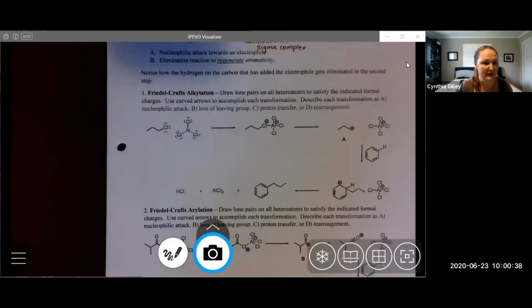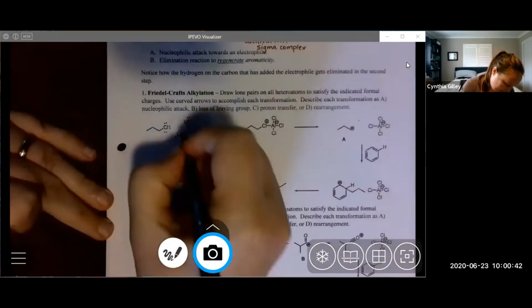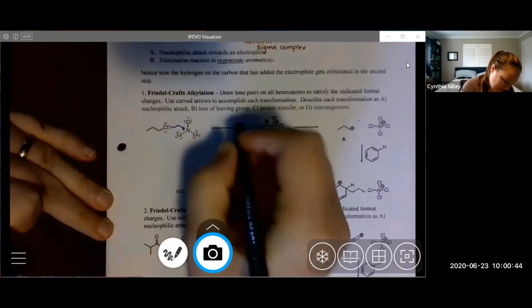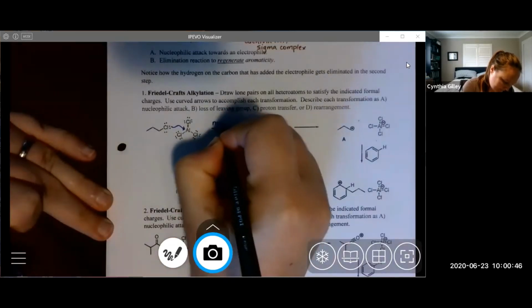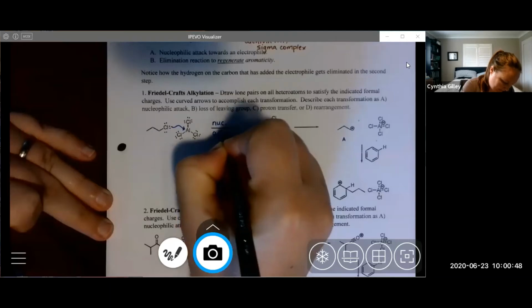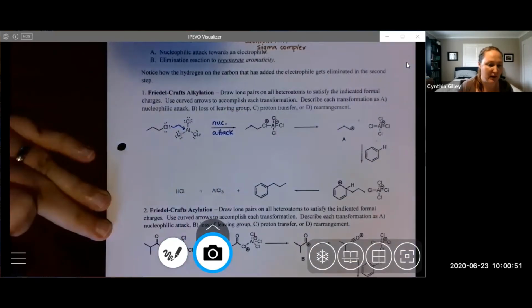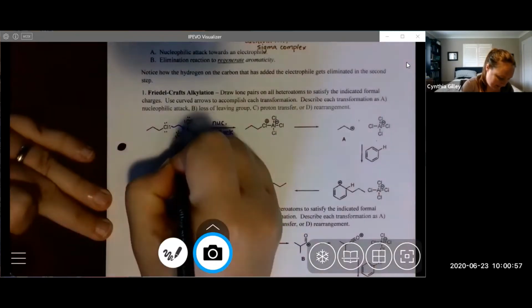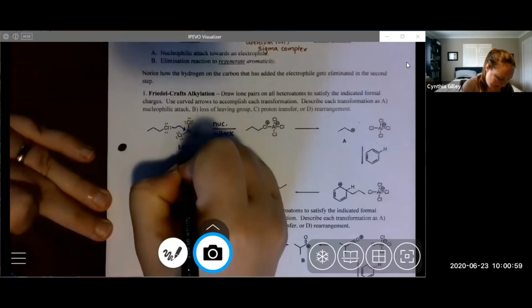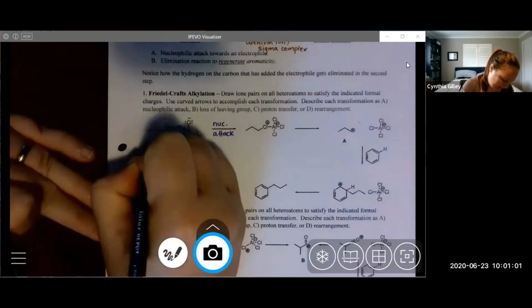But even though it's an exception, it's still highly electrophilic. One of the lone pairs can do a nucleophilic attack on the aluminum. By the way, this is also called a Lewis acid-base reaction because Lewis defines an acid as an electron pair acceptor and a base as an electron pair donor.